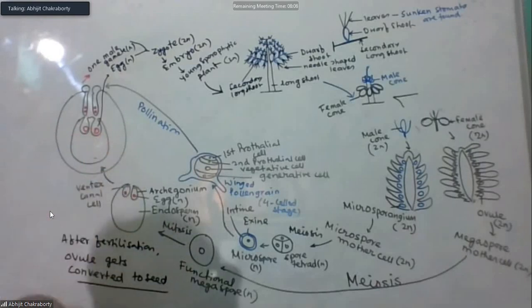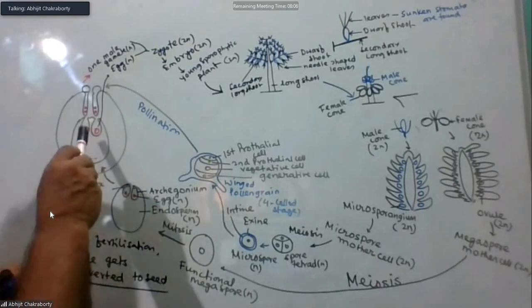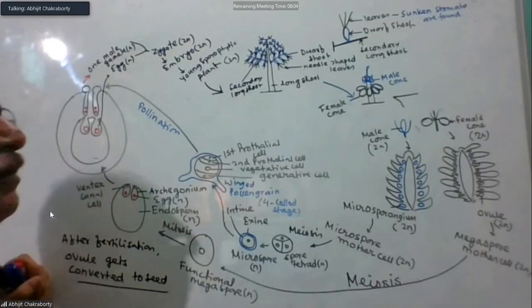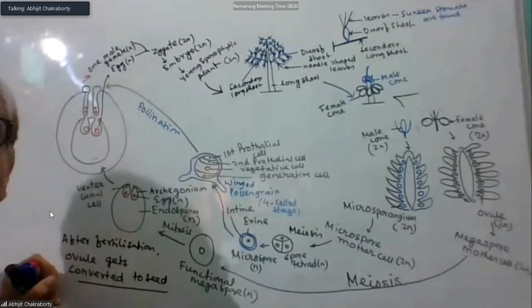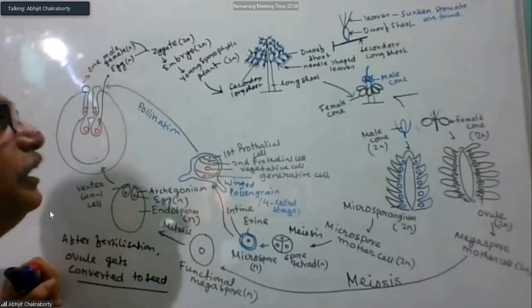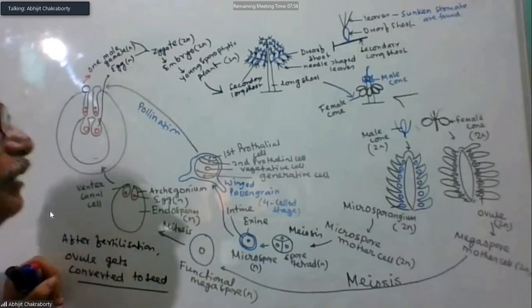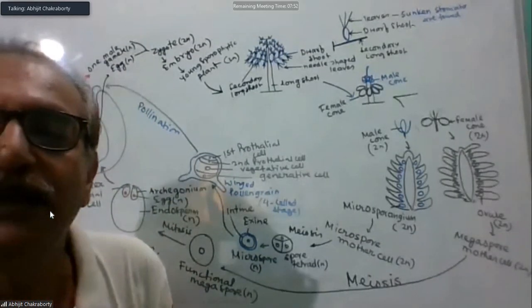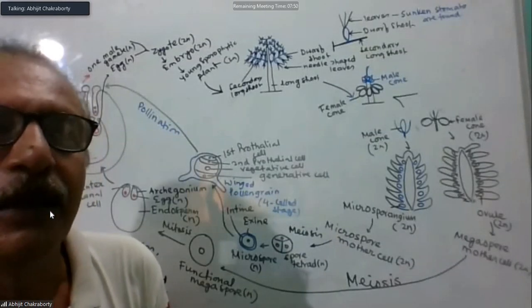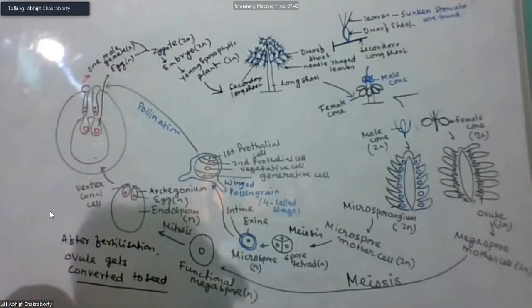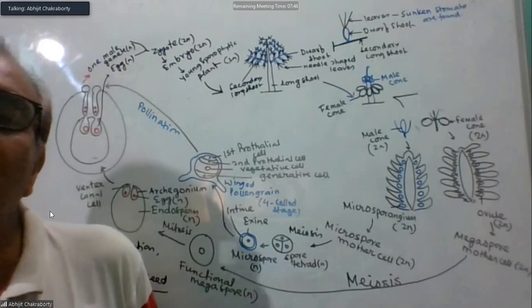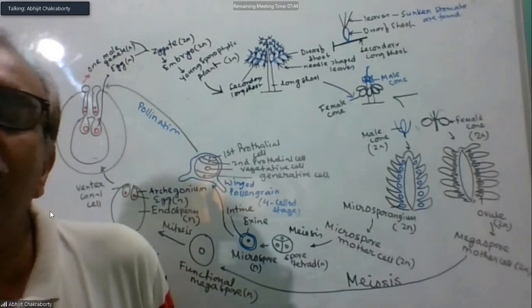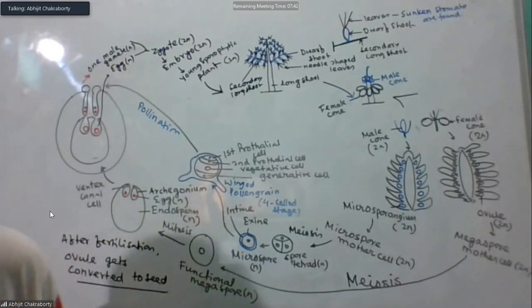Because in one seed, more than one archegonia means more than one egg, means more than one zygote, means more than one embryo. Although a number of embryos are formed, ultimately one embryo is found to be viable and will give rise to a new sporophytic plant.